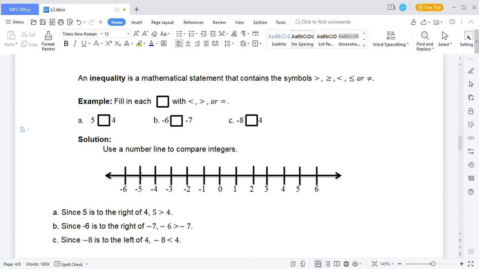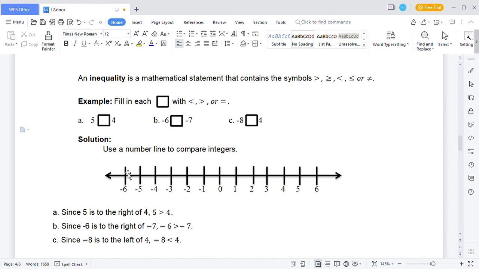So we have there, use a number line to compare integers. Since 5 is to the right of 4, 5 is greater than 4. Isn't it, here is 5 and here is 4, so 5 is bigger than 4. Take negative 6 and negative 7.